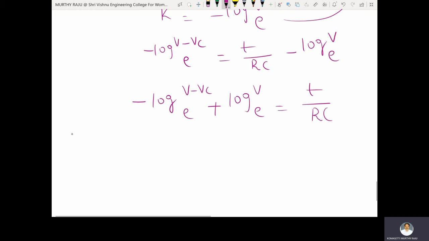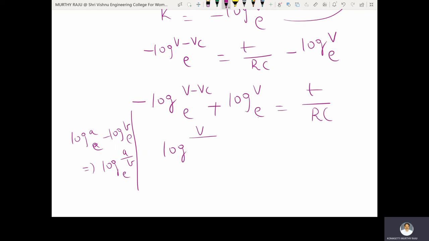This uses the formula log A base e minus log B base e is equal to log A by B base e. So log of V by V minus Vc base e is equal to t by RC.